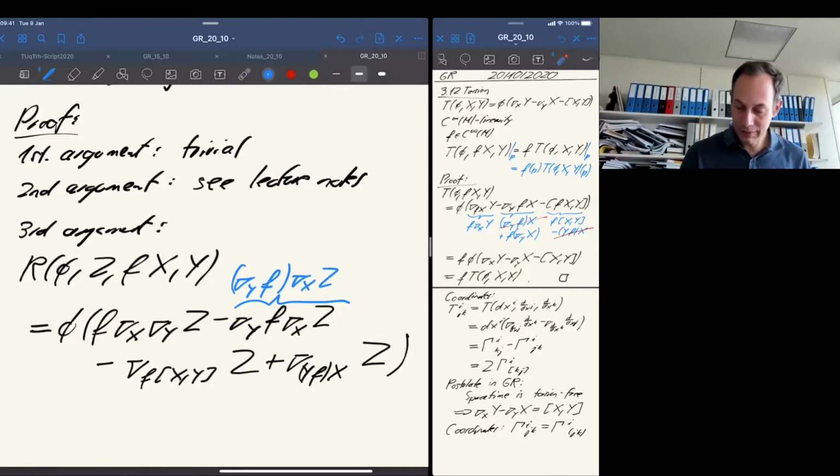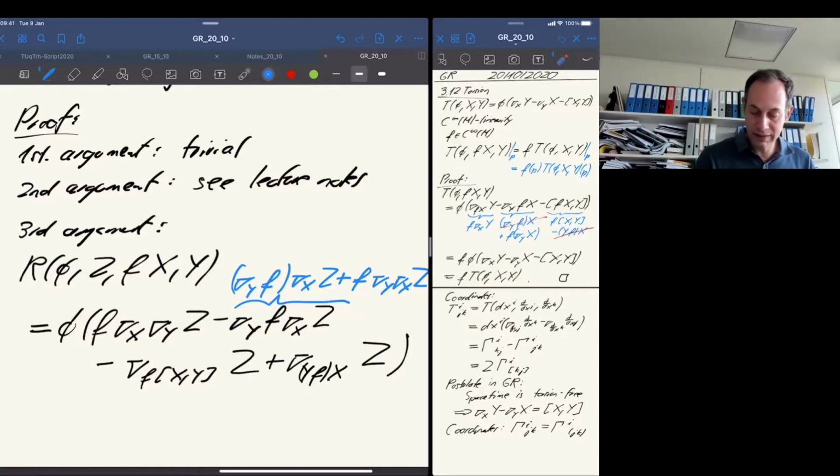But then the second part of the chain rule tells me don't apply the derivative to f, but apply it to the second part. And the second part consists of a derivative of x of z. Okay, so that took care of the second term. Let's look at the third term.